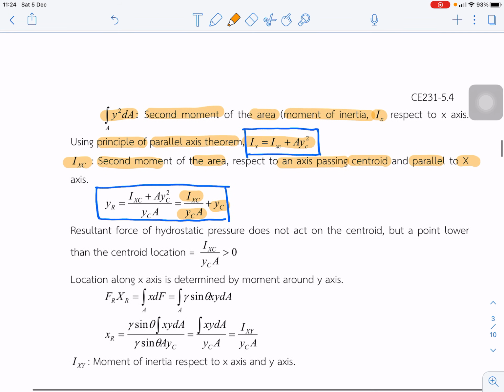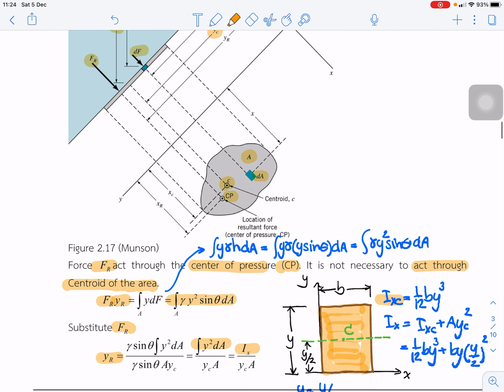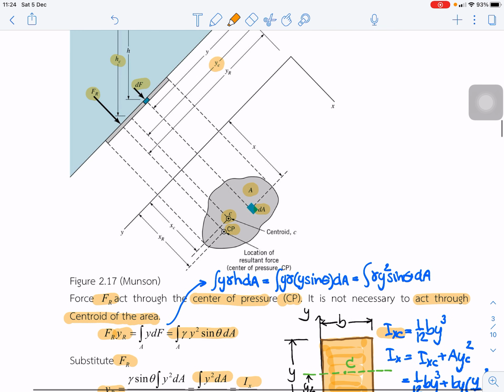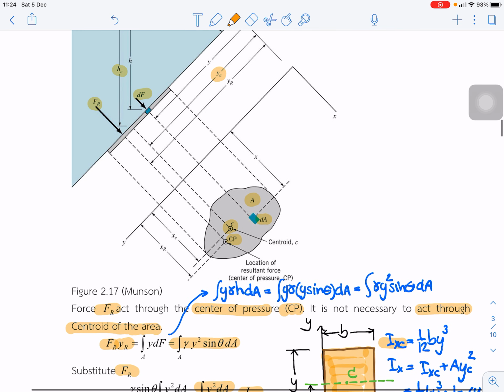The resultant force of the hydrostatic pressure does not act on the centroid, but at a point lower than the centroid. This graph shows it like this. This is yr. You can see that yr is a little bit longer than yc.